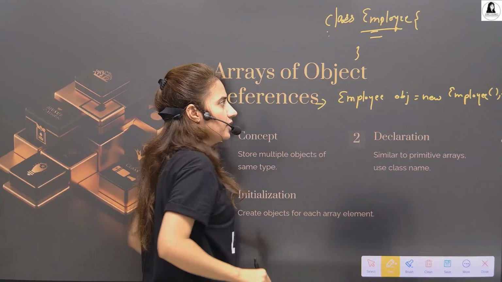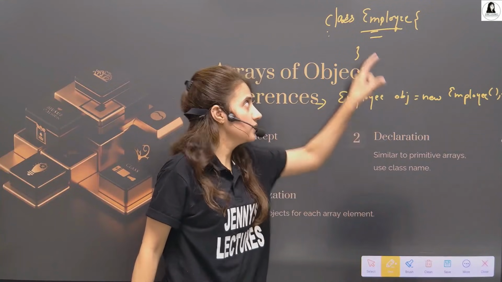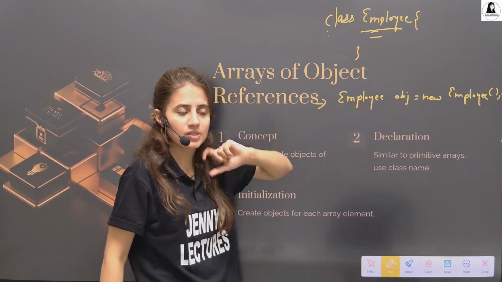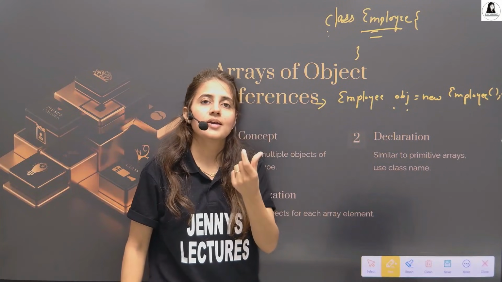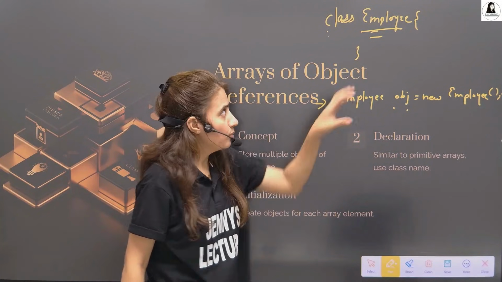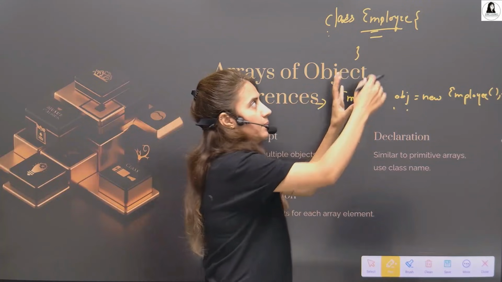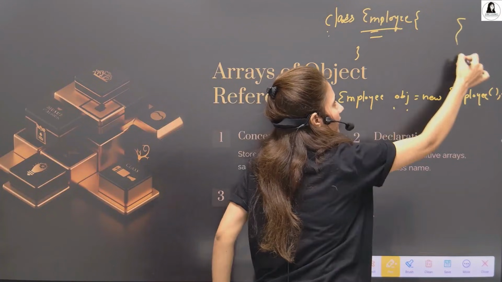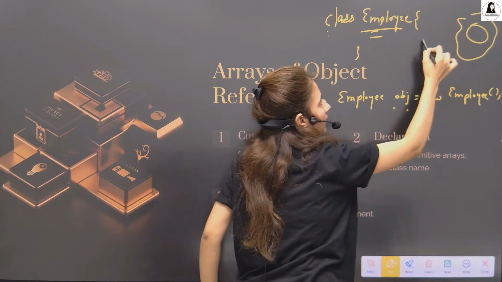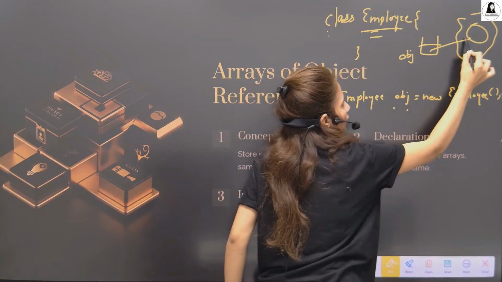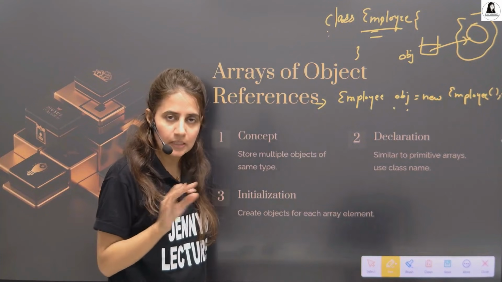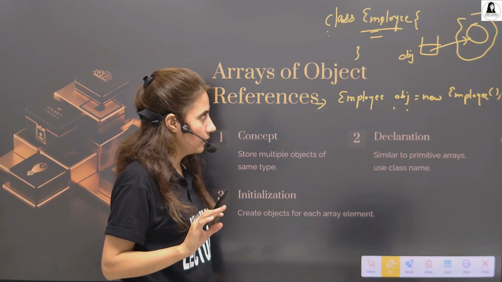So this is how we can create an object or instance of this class. More precisely, obj is an object reference. The object has been created of employee type in the heap memory, and in the stack we have this obj which is referring to this object. Something like this is happening internally in memory, right?